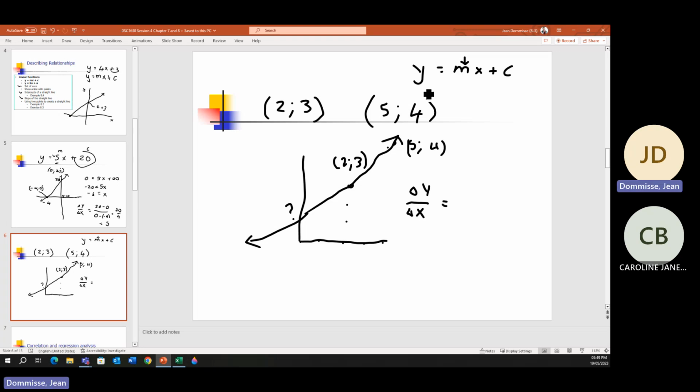So the change in y is that 4 minus the 3. And the change in x is that 5 minus the 2. Okay, so this is not too cool, but it is 1 over 3. So at least I know that my m is now a third.